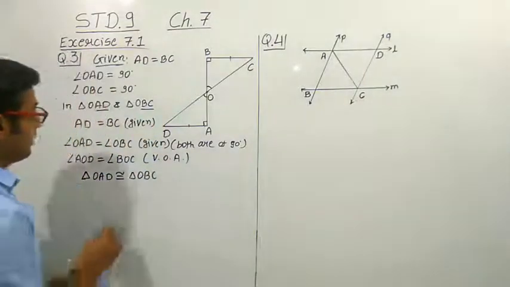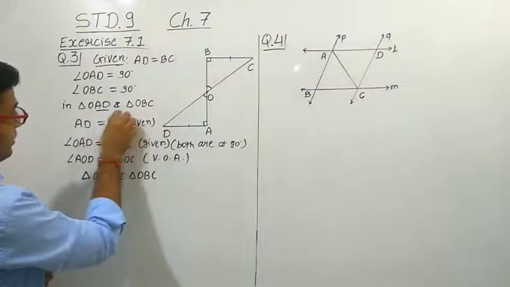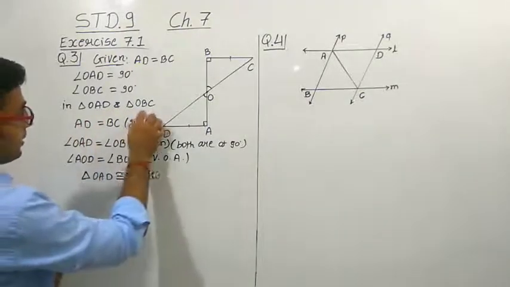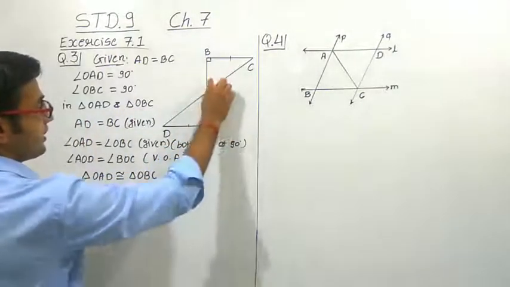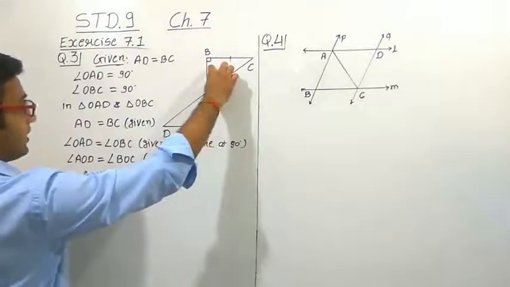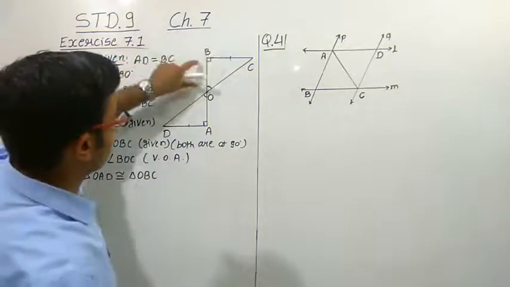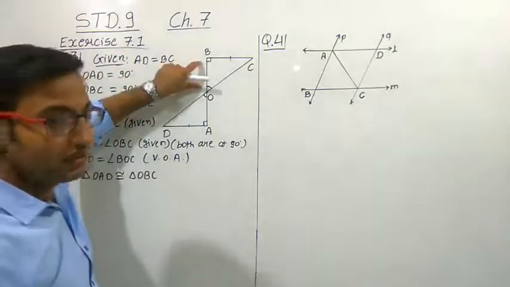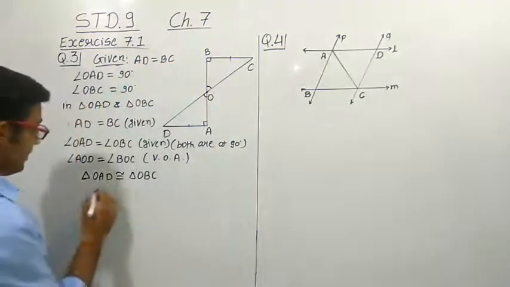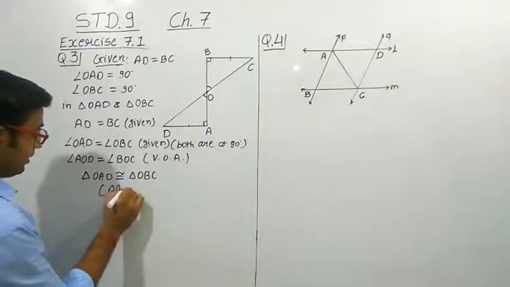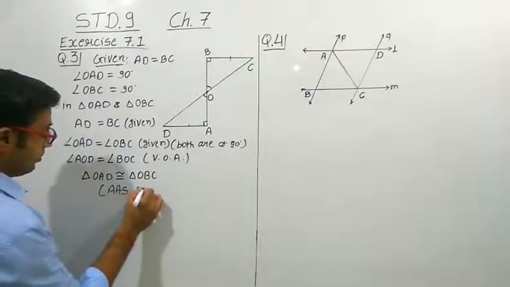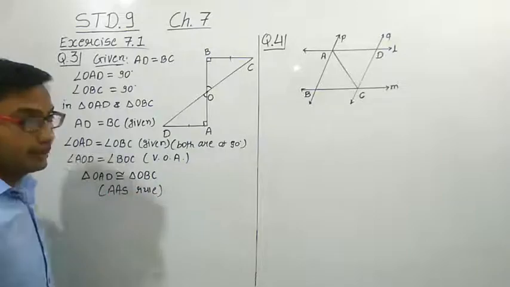Consider any one triangle, let us consider triangle OBC. See, these angles we have considered here, and this side we have considered, BC. This side BC is not included between these two angles, right? So we can say that this is the angle angle side criterion.